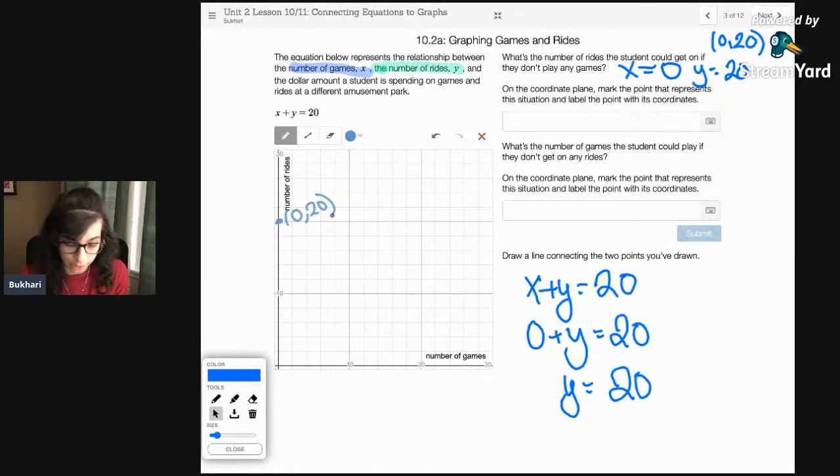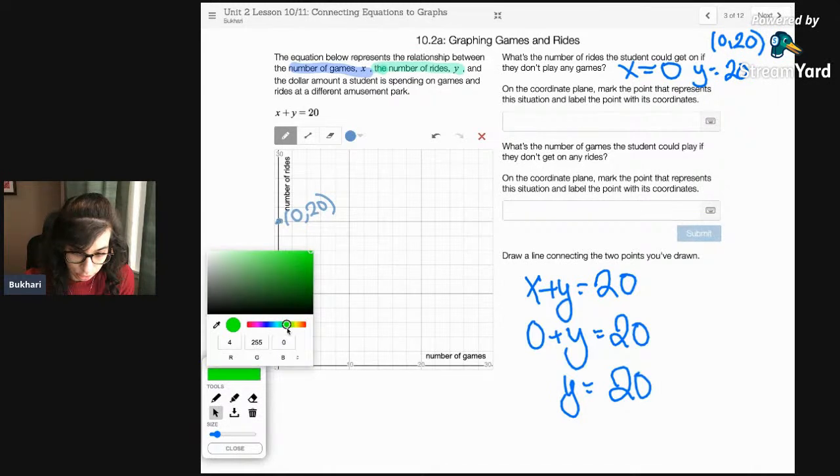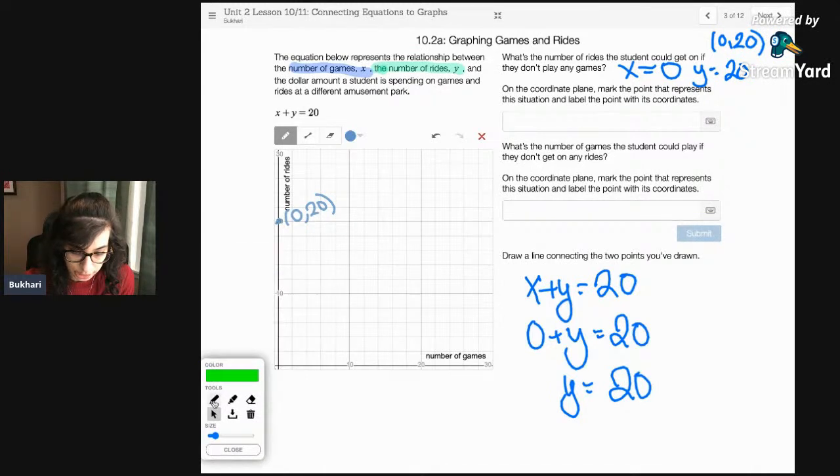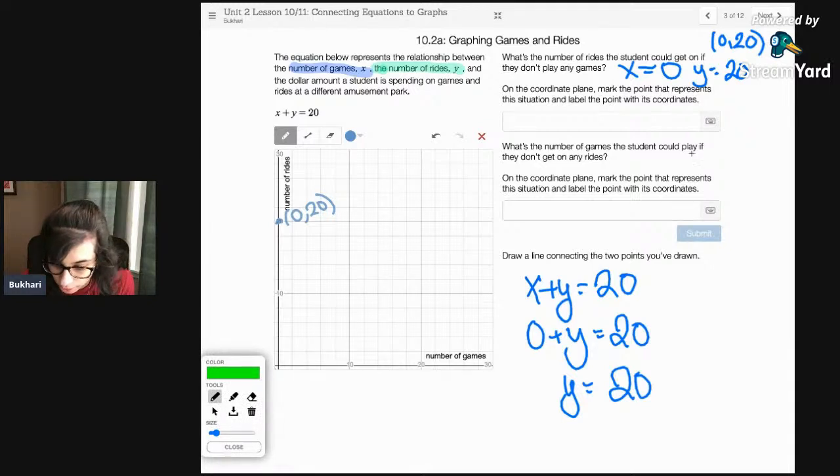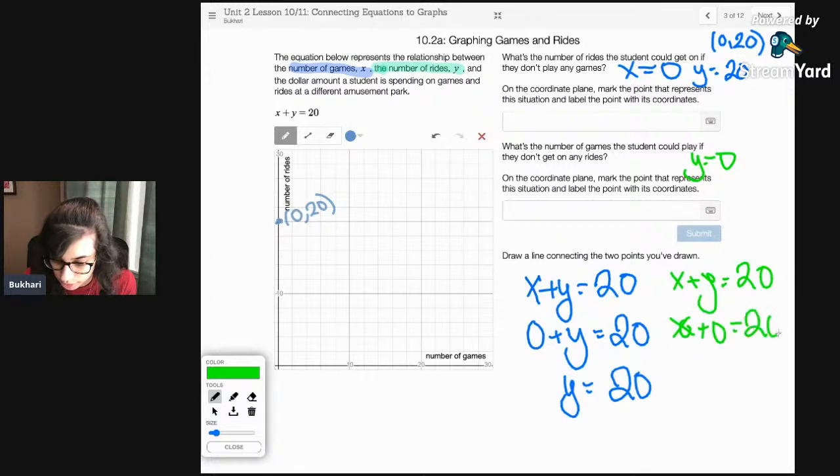On the other hand, if I don't go on any rides, then I can use up my money instead on spending it on games. And therefore my y equals 0. And so if I have y equals 0, x plus 0 equals 20, that means x also equals 20.